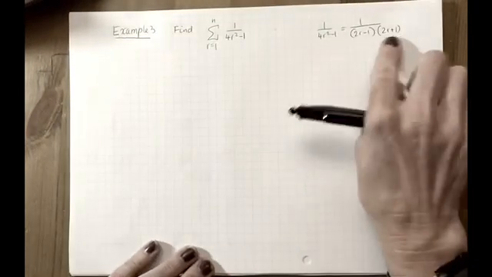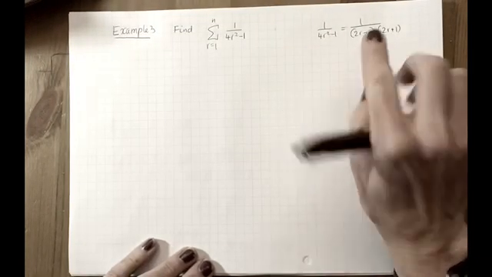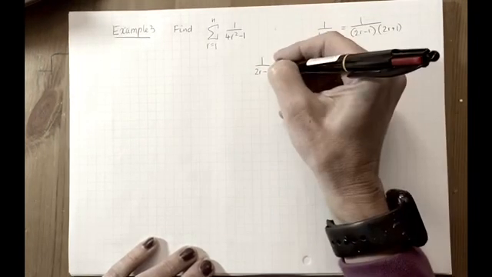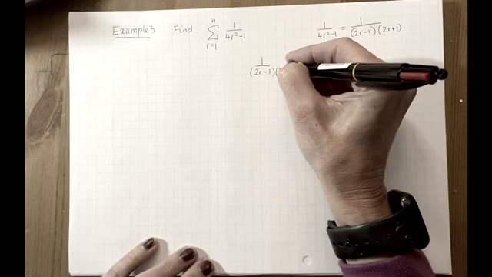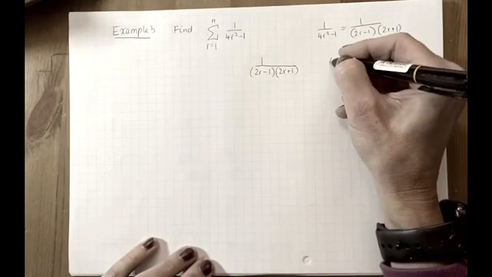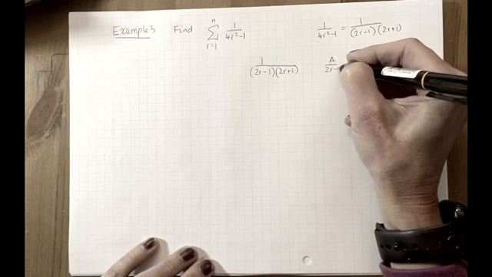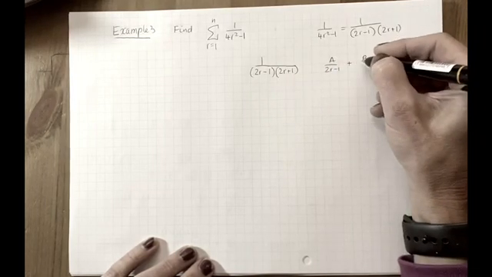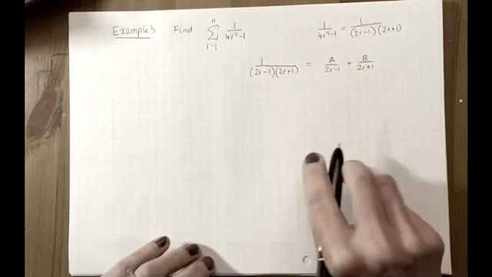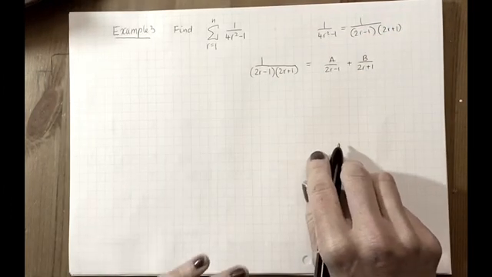You notice there are 2 factors in the denominator, so that tells me I'm going to split it into partial fractions. I'm looking for 2 fractions, one with a denominator of 2r minus 1, and the other with the denominator of 2r plus 1, that when added together give me this fraction.